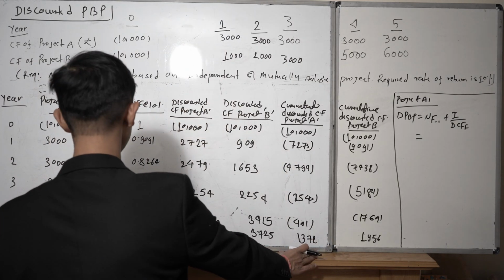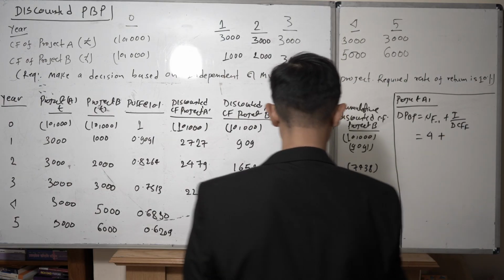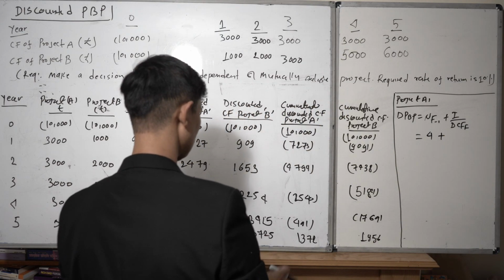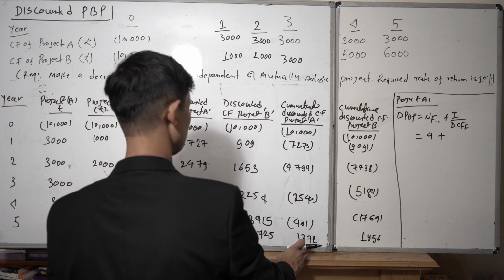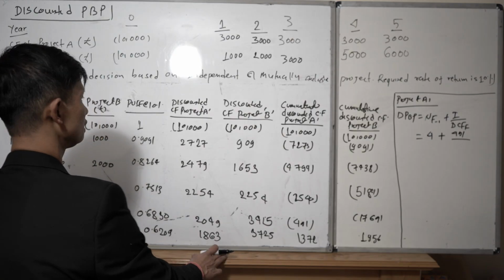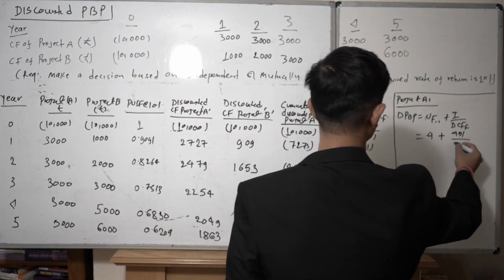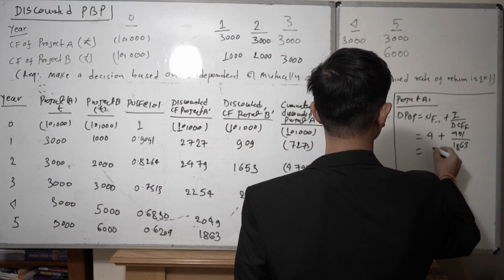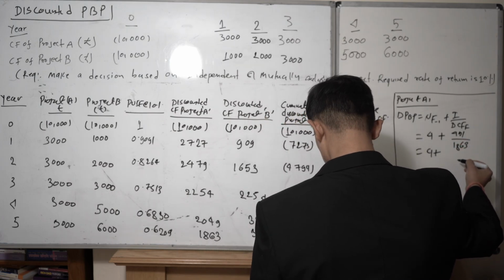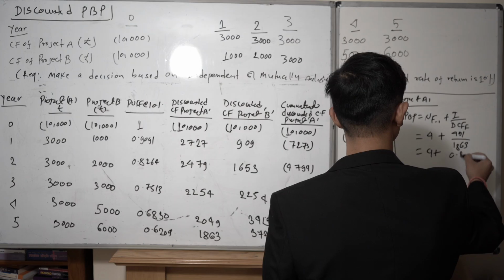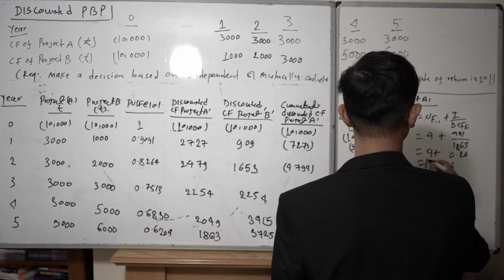So the minimum payback period is 4 years here. In year 4 we have the cumulative discounted payback. The discounted amount for year 5 for project A was 1863. If you divide 491 by 1863, we get the value of 0.26. In this way we get 4.26 for project A.